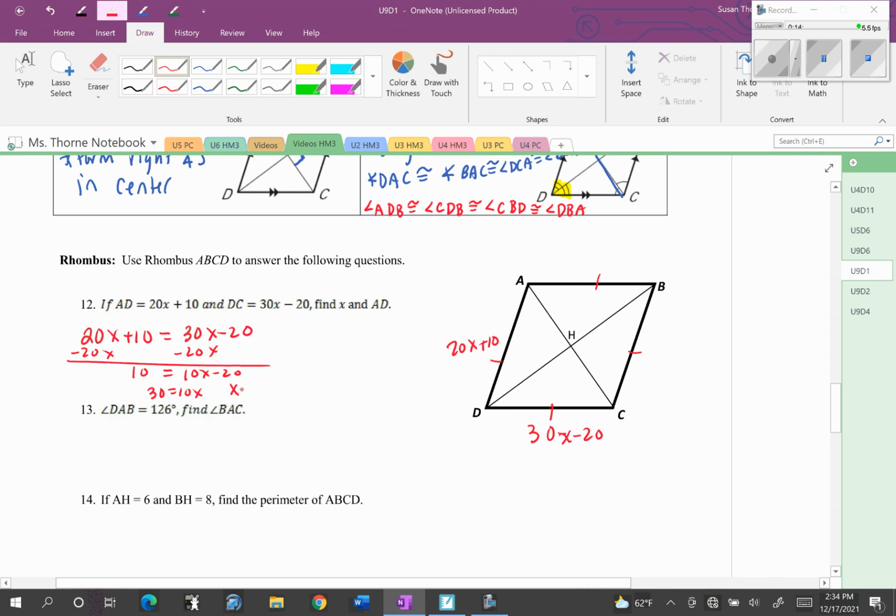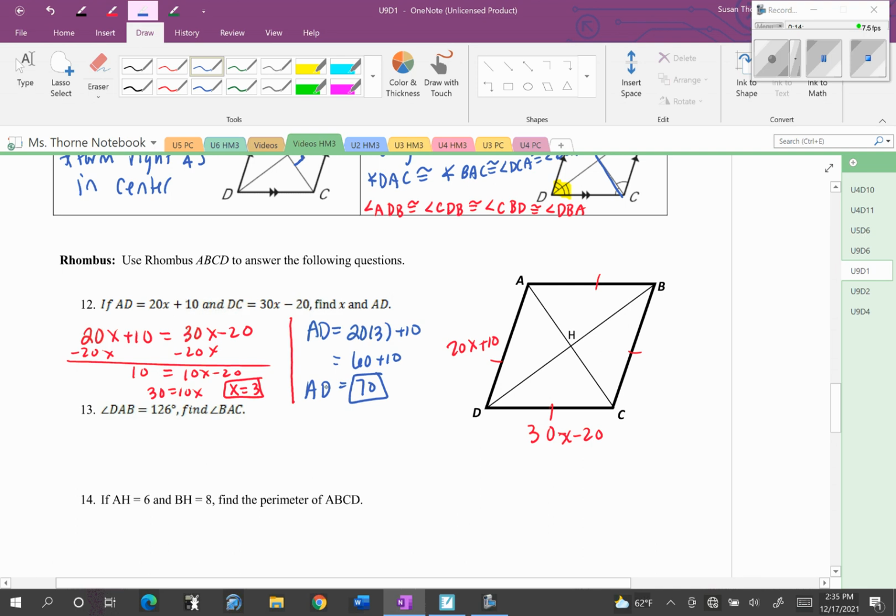So x is equal to 3. And now we want to figure out the length of AD by plugging in 3 for x. So 20 times 3 plus 10 gives us 60 plus 10, which gives us 70. So AD's length is equal to 70.